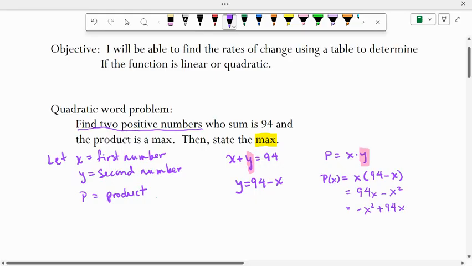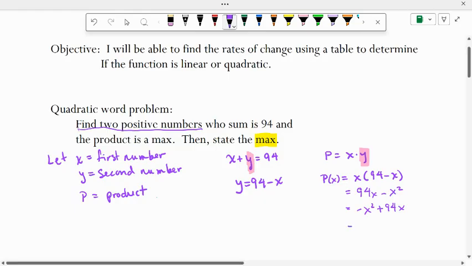And so if I were to find where the maximum occurs, we want to find the numbers that create the maximum product. So we're looking for where. I need to find the x value of my vertex. That's to find x, and then I can use that to find y.